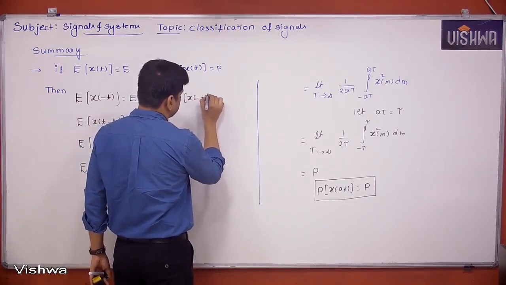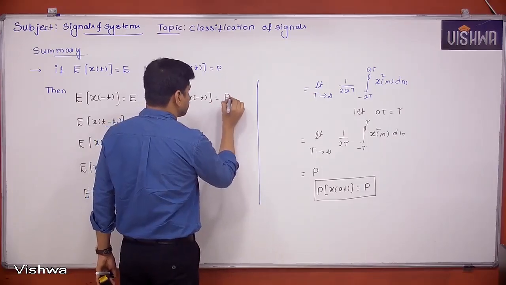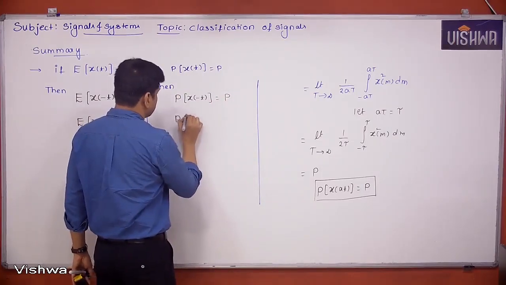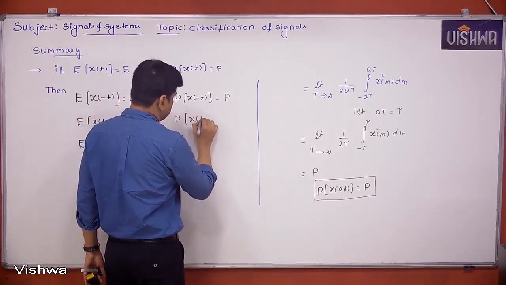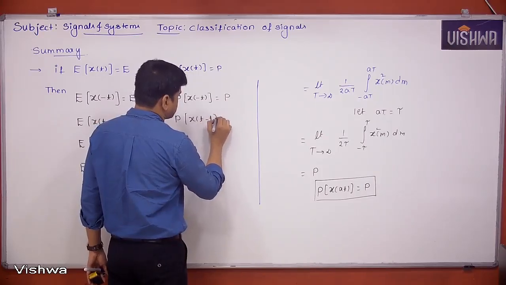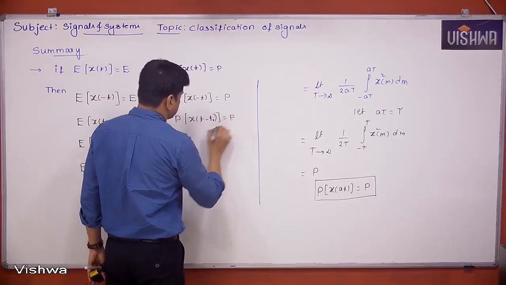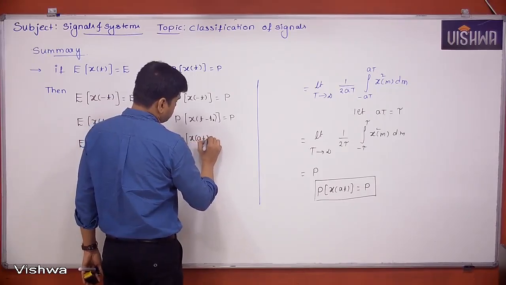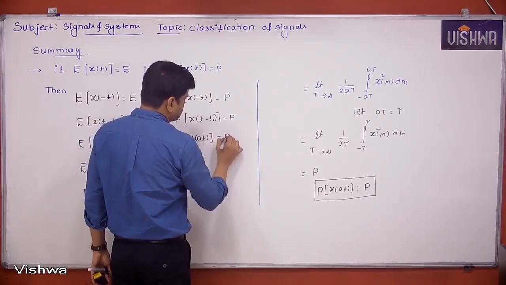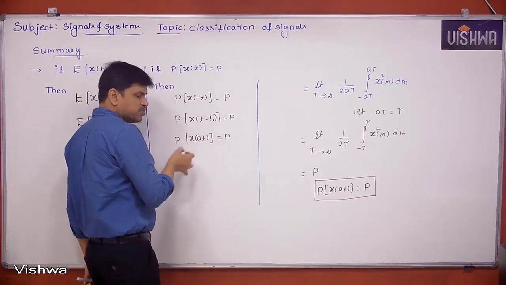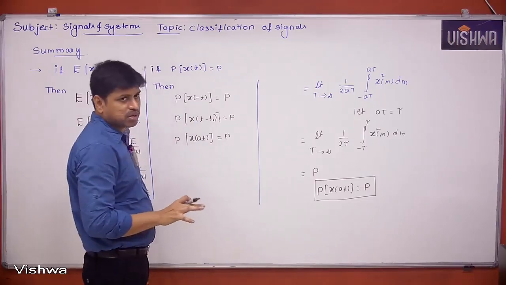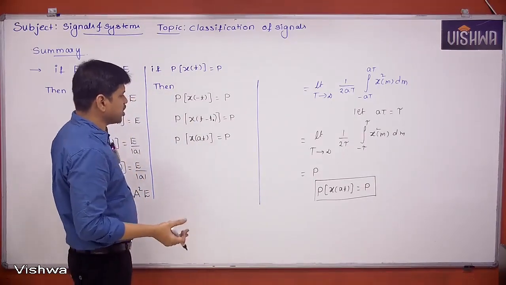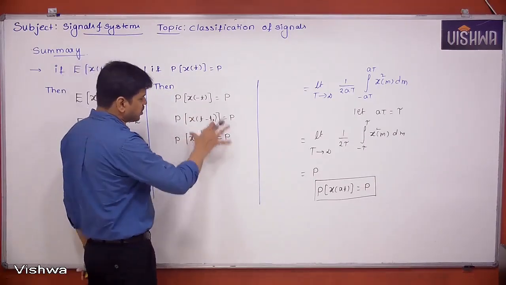Power of x of minus t is also the same as p. Power of x of t minus t naught, that is also p. Power of x of at, that is also p. So time reversal, time shifting, time scaling, nothing is going to change the power because we are always calculating the average power. So I can say everything is same.